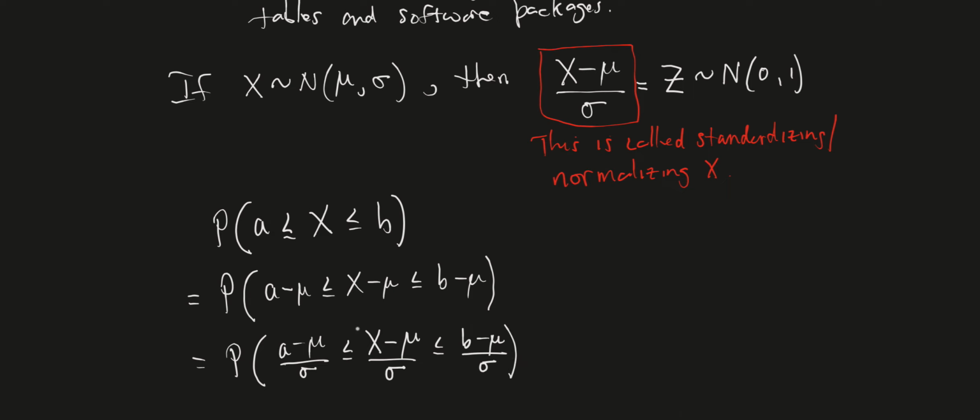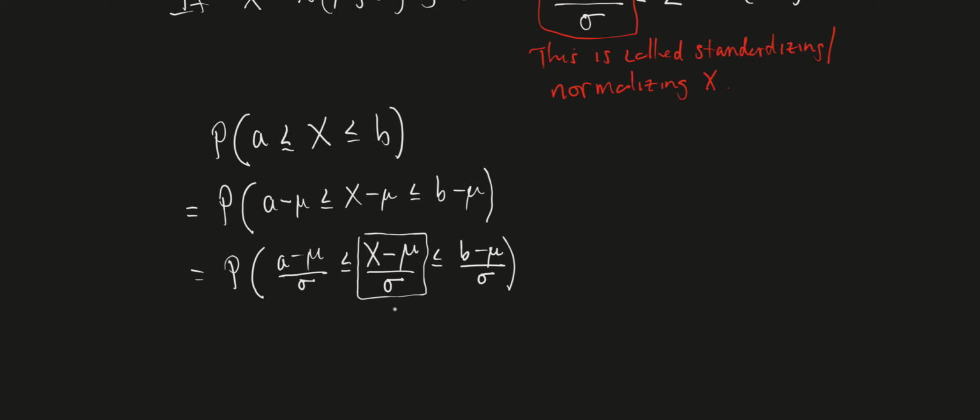But what happens now is this random variable is now my standard normal random variable. So we get to replace that middle expression with a new random variable, and we're going to call it z. So we have a minus mu over sigma, which is less than or equal to z, which is less than or equal to b minus mu over sigma.